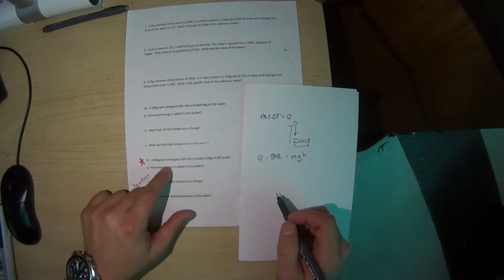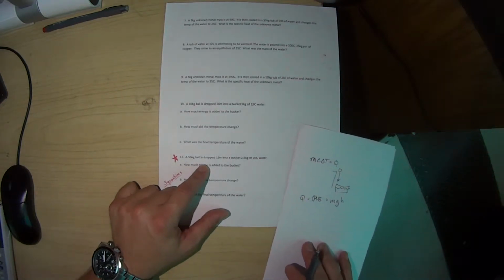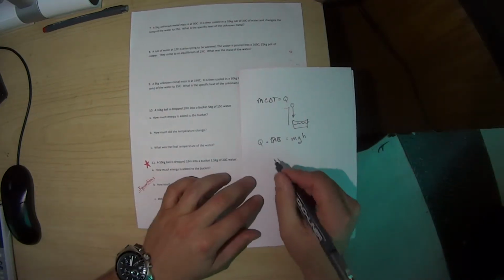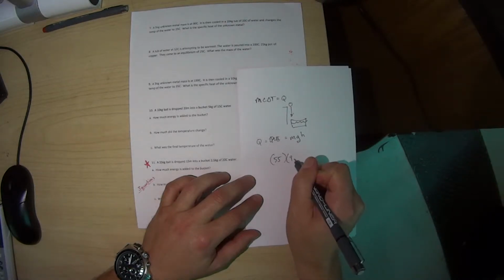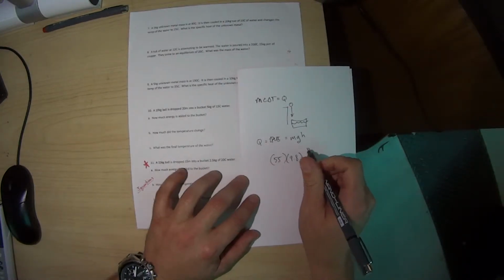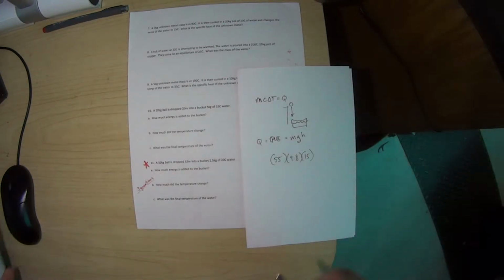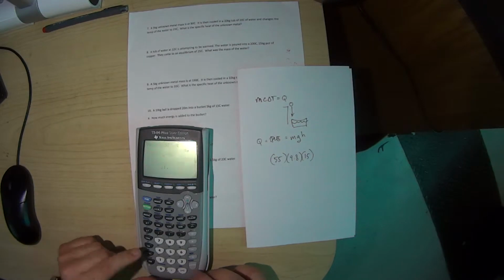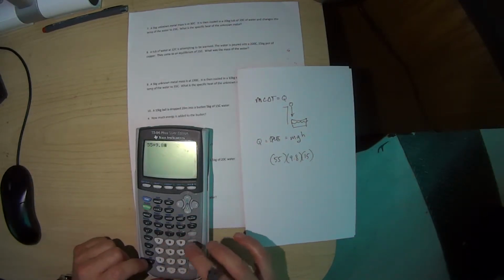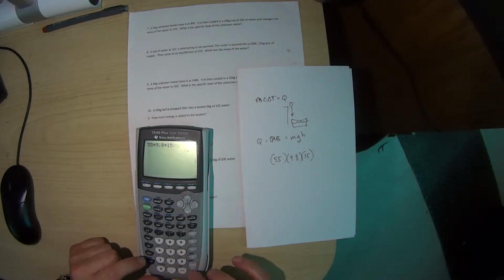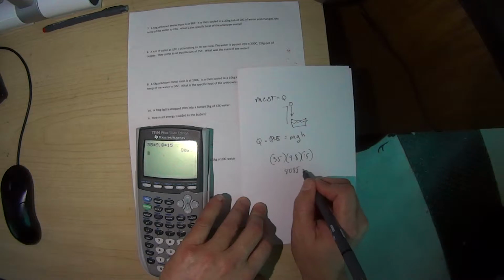In problem number 11, we have a 55 kilogram ball being dropped 15 meters. So mass 55 kilograms, gravity 9.8 on Earth, and height 15. That gives us 8,085 joules.